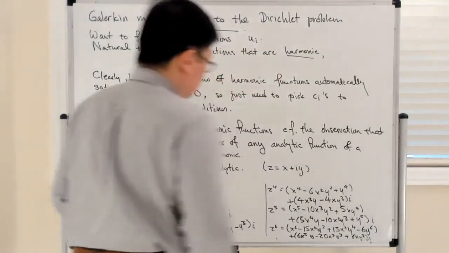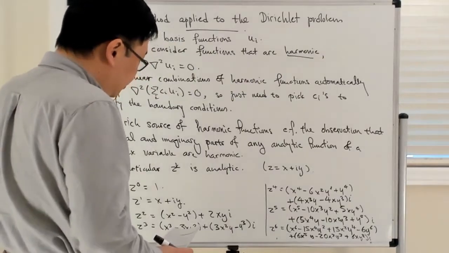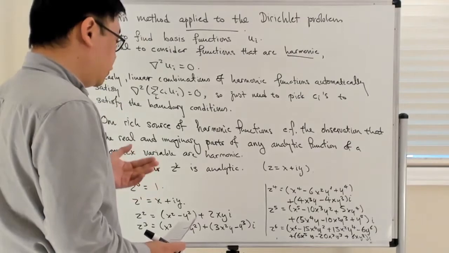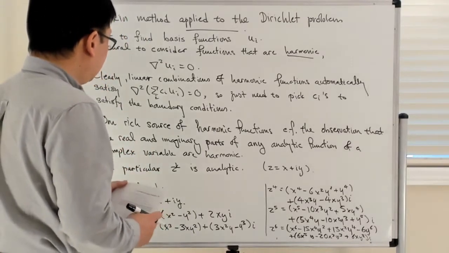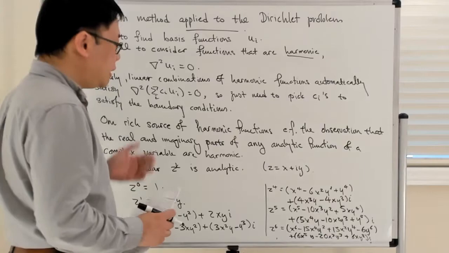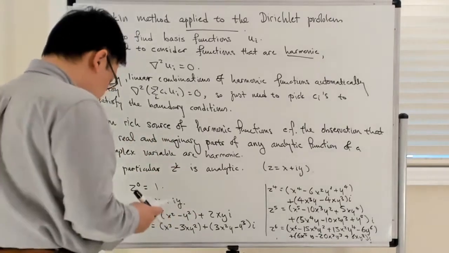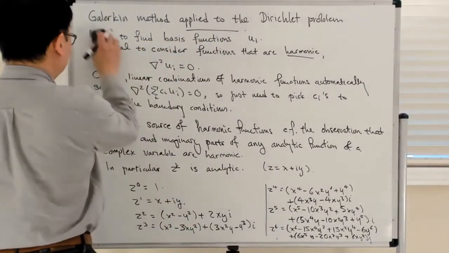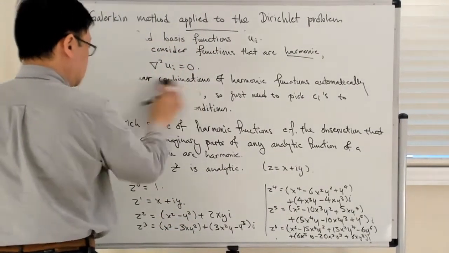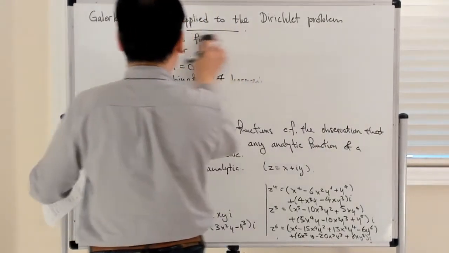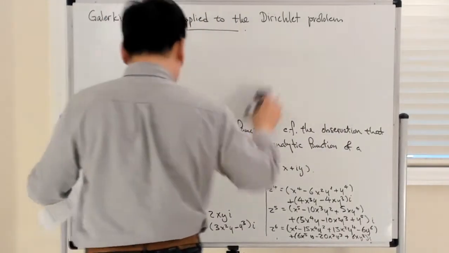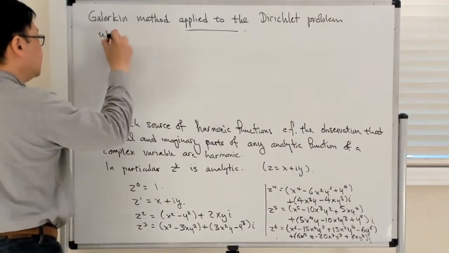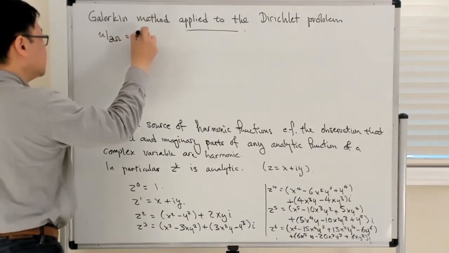The reason why I expanded it out so much is because, in addition to looking at harmonic functions, I'm also going to try to find harmonic functions which respect the symmetry of the boundary conditions, if you will. Let me say a little bit more about that. If you recall, the boundary condition is that u restricted to the boundary of omega is equal to x squared plus y squared.